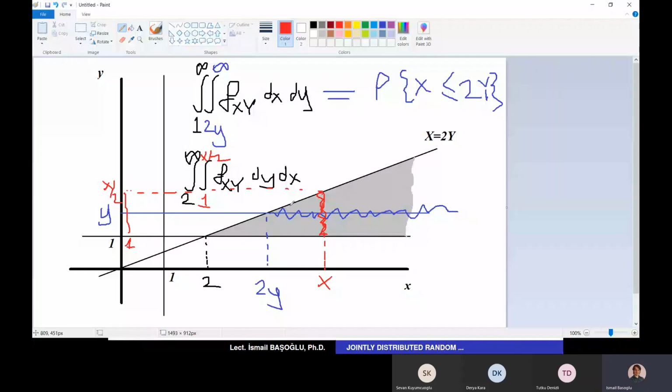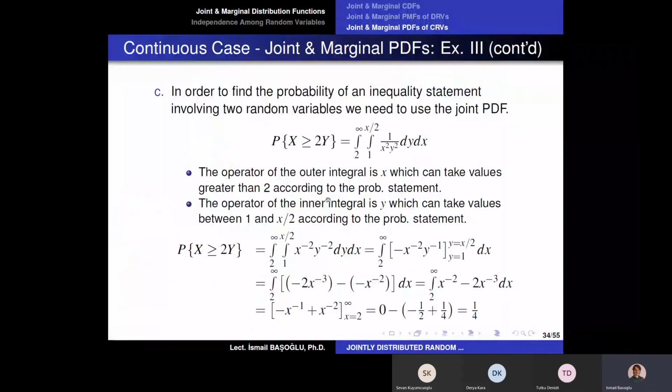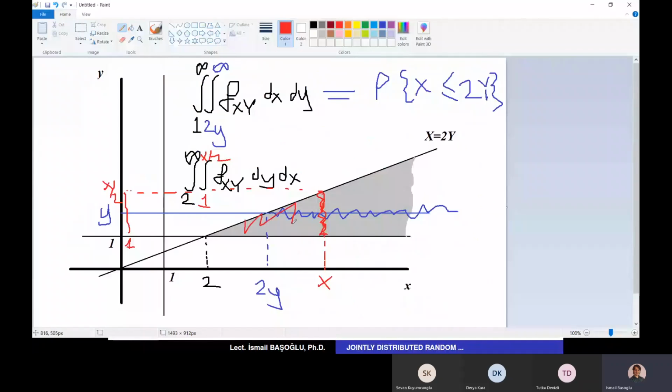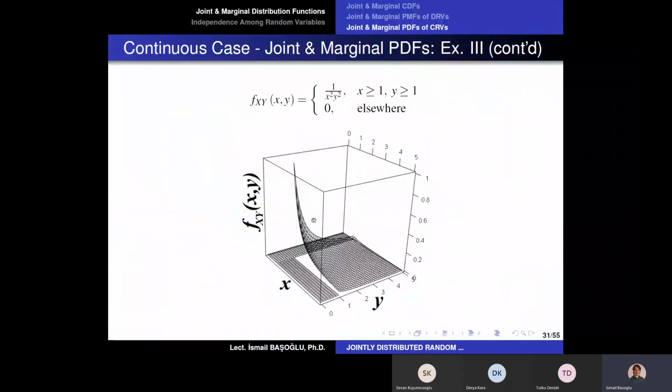When you integrate that joint PDF, you are calculating the total volume under the function in the third dimension in this region. So that function is here. And the drawing that I draw here is basically only the base of that region.